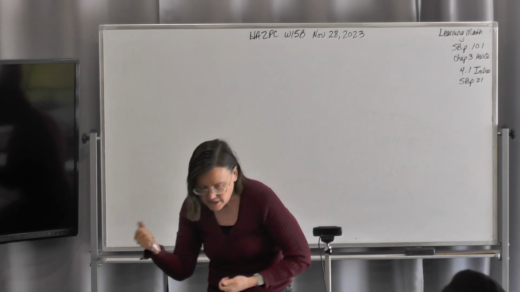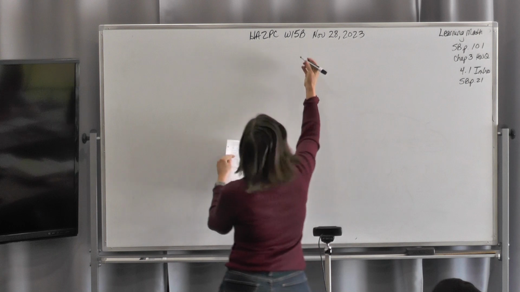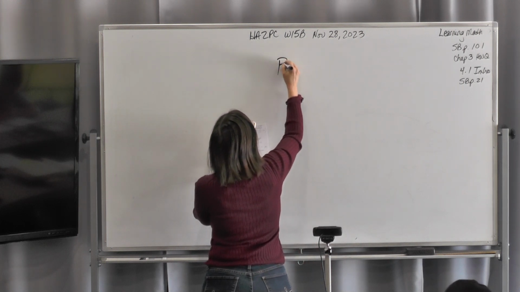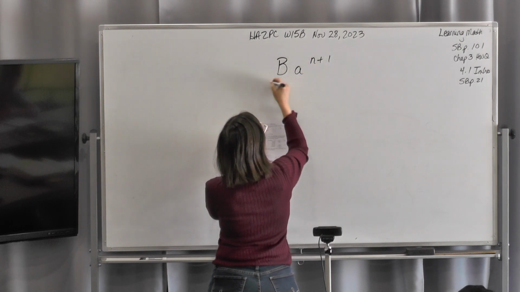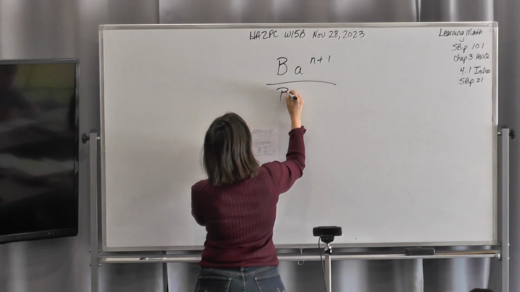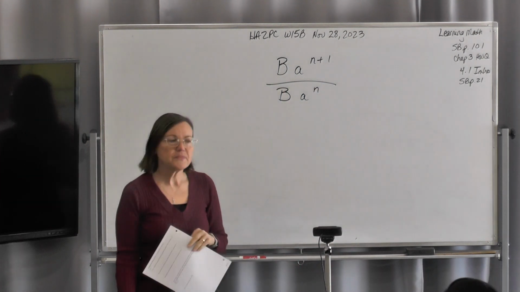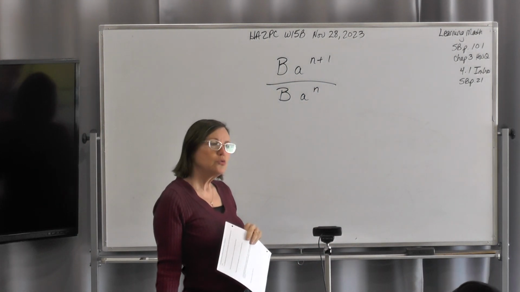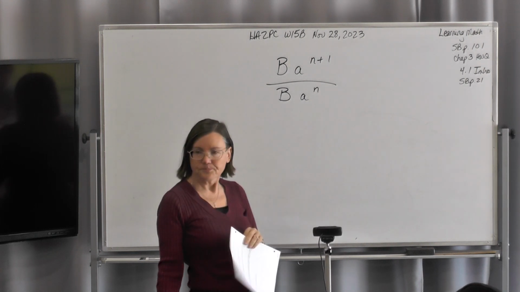So before we get going, they've given you this little expression because it's going to be working backwards here. And they've asked you to simplify this. What would this simplify to?